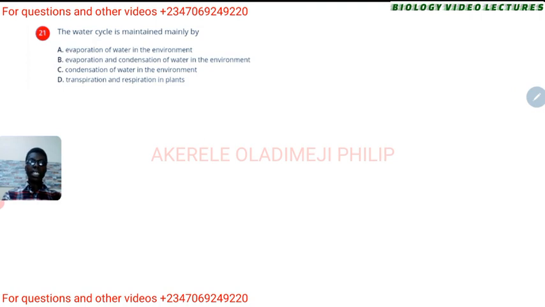All right. The water cycle is maintained mainly by evaporation and condensation of water in the environment, then transpiration and respiration in plants. What really sustains the water cycle is evaporation and condensation in the environment, which means that when water evaporates into the atmosphere, it condenses, then it precipitates down.